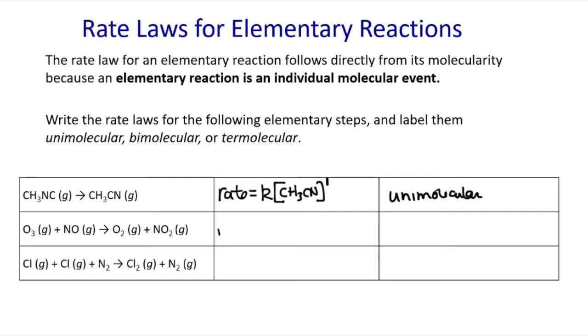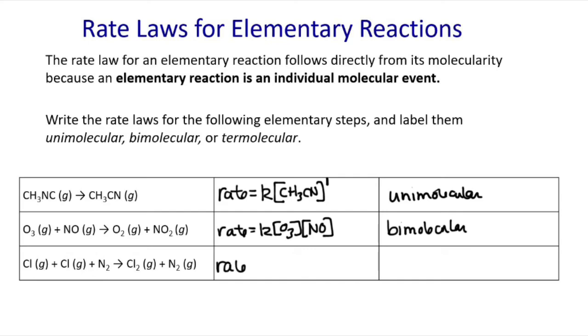For the second one, we have that rate equals K times ozone, O3, times NO, both to the first power. And this is a bimolecular elementary step because two molecules are colliding. It could be two of the same molecules or two different molecules.